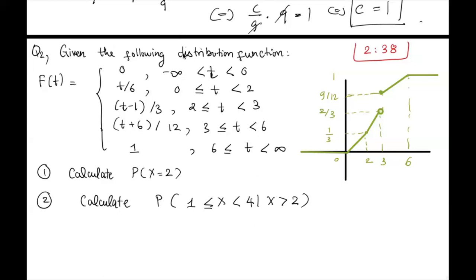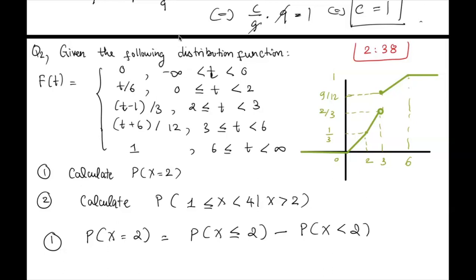Yes, I see the student mentioned here. In order to do part 1, the probability of x equal to 2 is F(2) minus F(2 minus). That is because to calculate the probability that x equals 2, we take the probability that x is less than or equal to 2 and subtract the probability that x is less than 2.